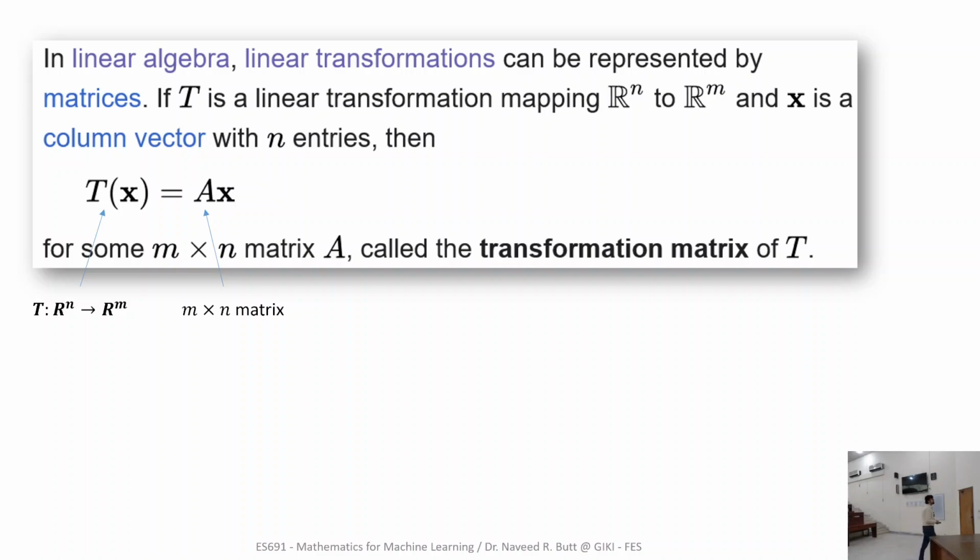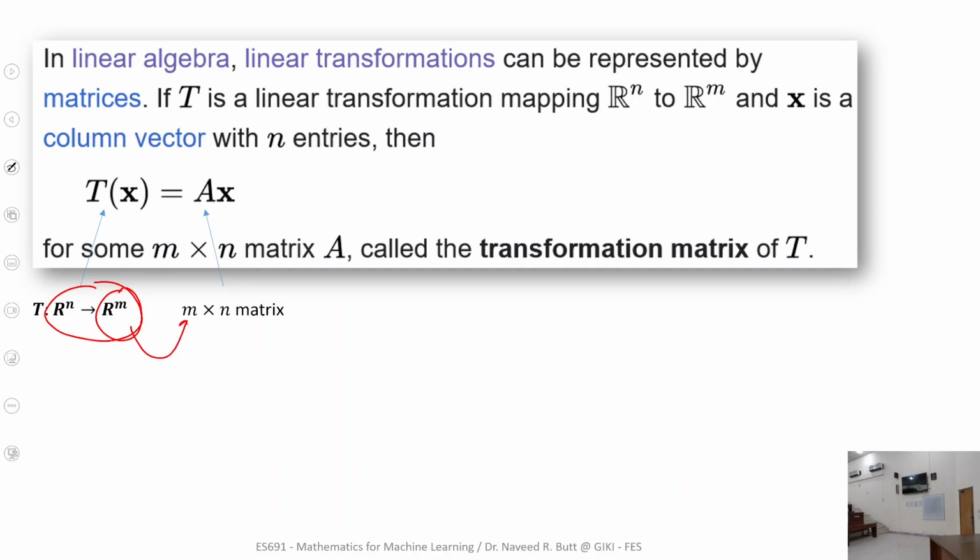So there exists a column vector, x is a column vector, that's fine. There exists an m by n matrix. This is interesting. Do you understand how the dimension of the matrix maps with this?